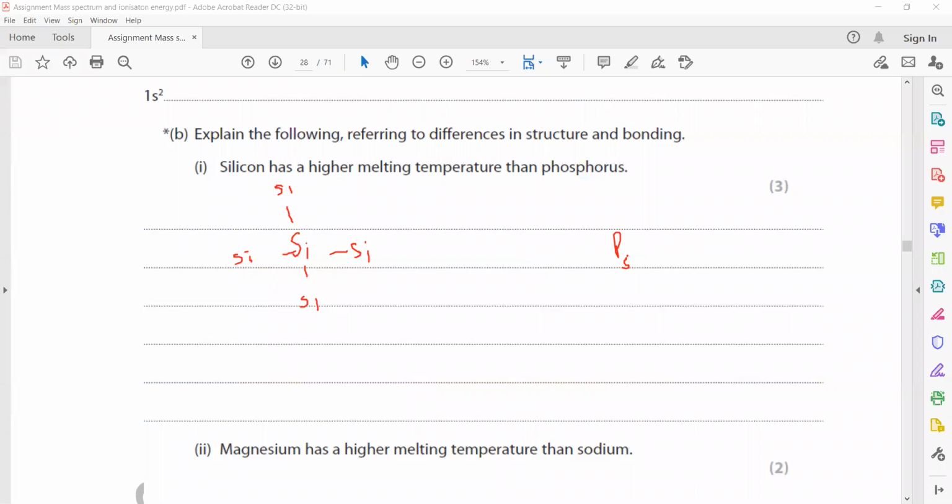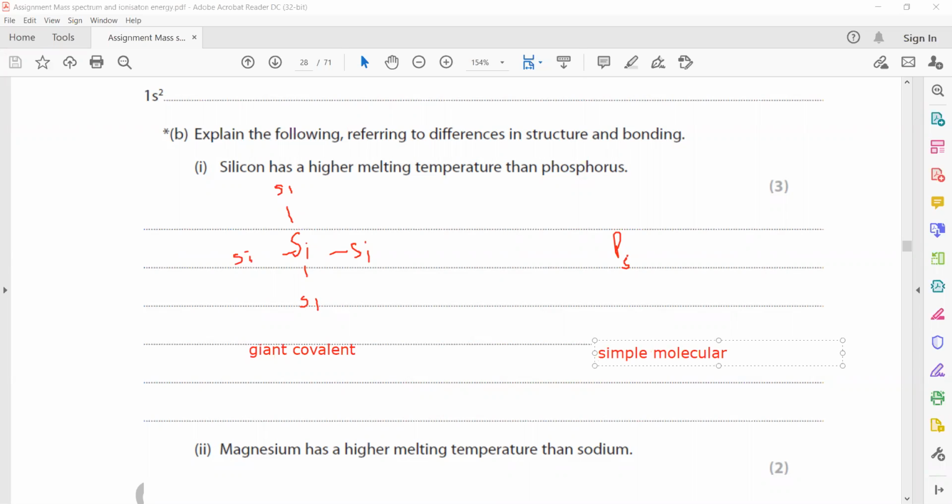So silicon will have stronger attraction compared to that of phosphorus. Silicon is a giant covalent, whereas phosphorus is a simple molecular. That's why they have the difference.